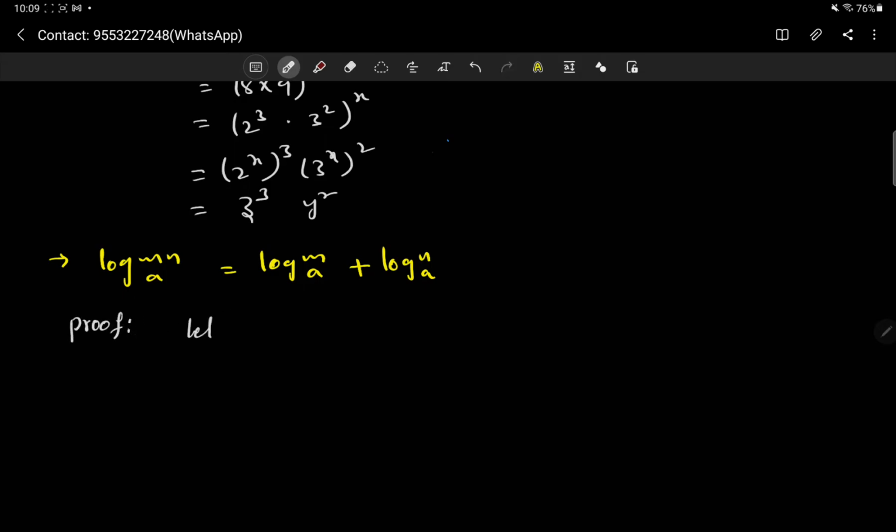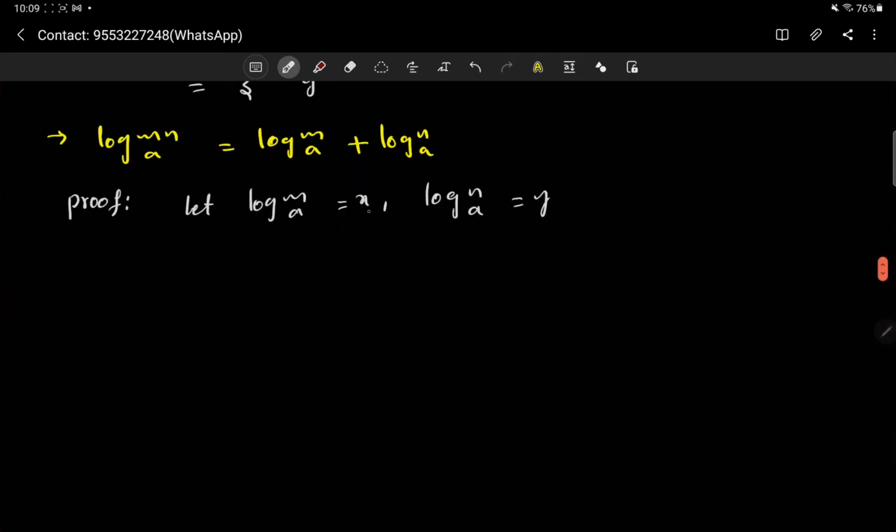For that, I am going to take log m base a as some x, and log n base a as some y. When you have log m base a is equal to x, on removing log, these two numbers interchange; in that way we can remember, as I already said. From this, on interchanging, a power x is equal to m. Similarly, a power y is equal to n. Now we are going to multiply both equations: a power x into a power y is equal to mn.